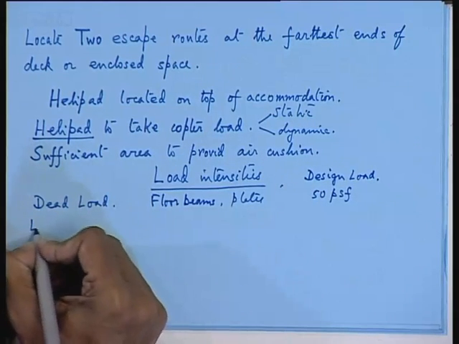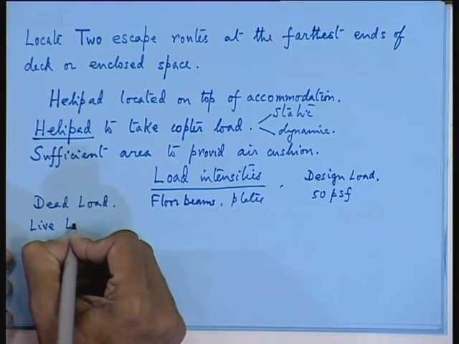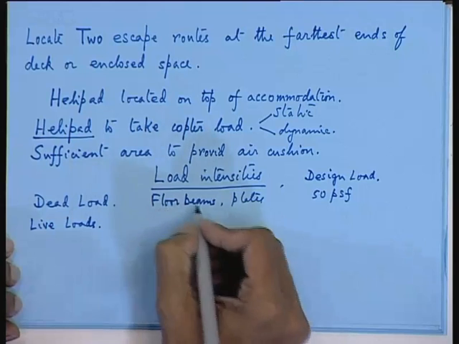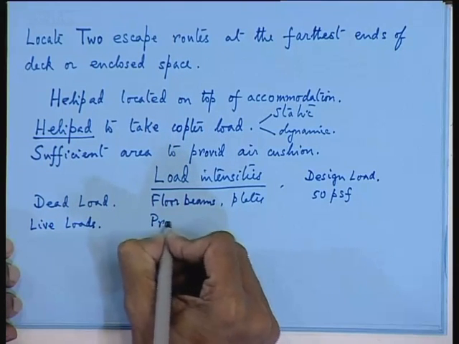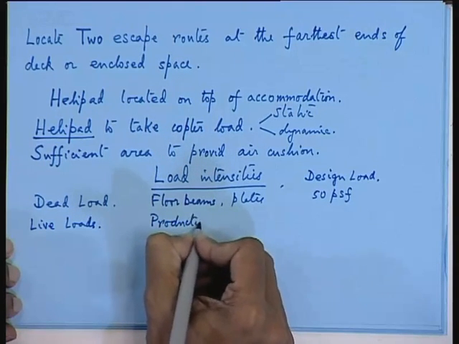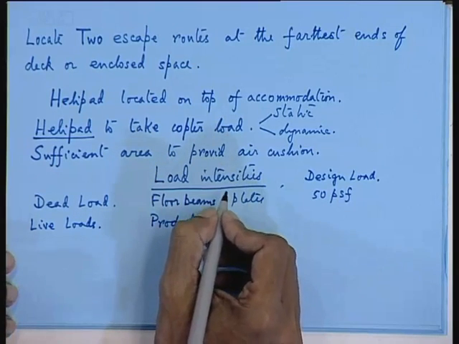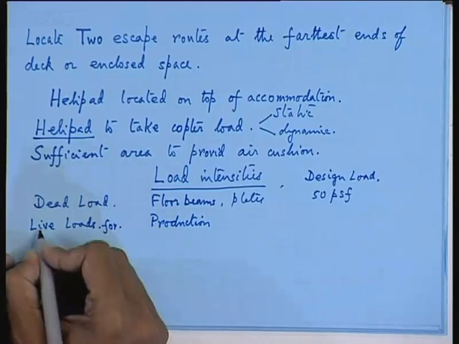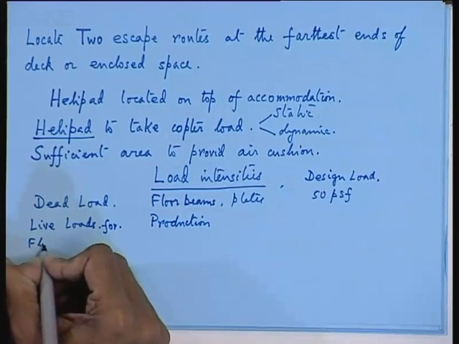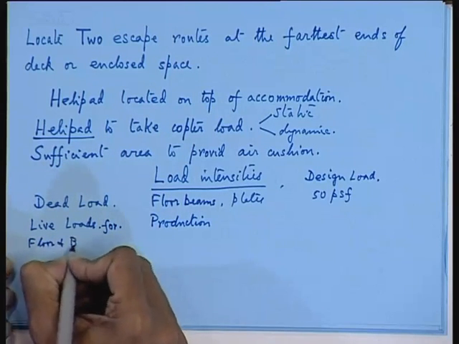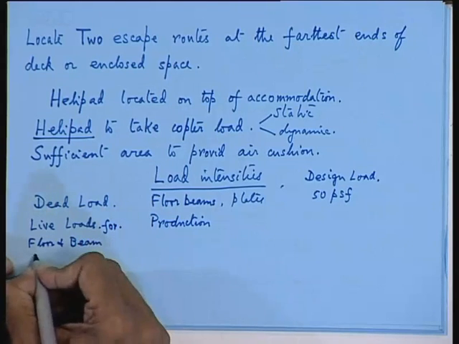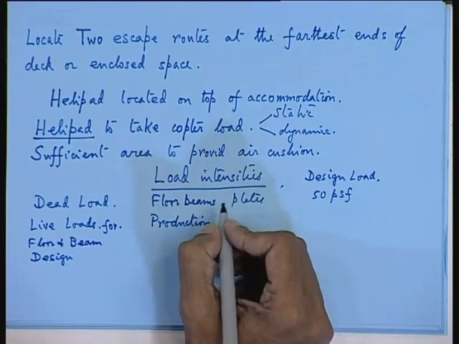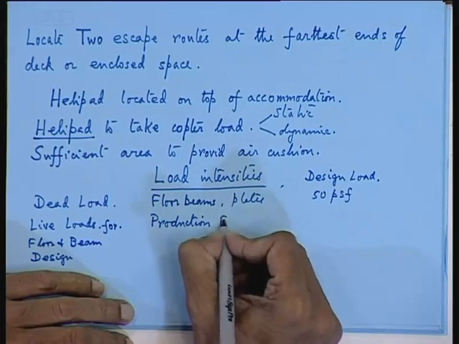Now, live loads are the moving loads. Live load, you write production equipment. Now, live loads for floor and beam design. Wherever you have live loads, they are caused by this production equipment.